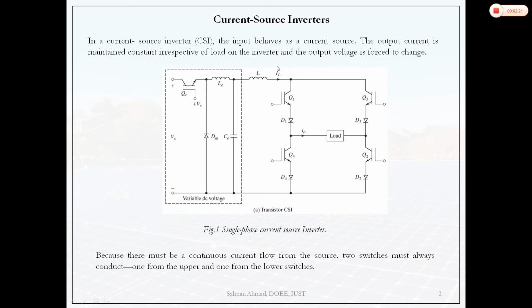Here you can see one of the switches is here, another switch is here. For some period of time these two switches are turned on together so that the current is bypassed and it is not going through the load. That is called the bypass interval that we'll see in the control technique for these switches.